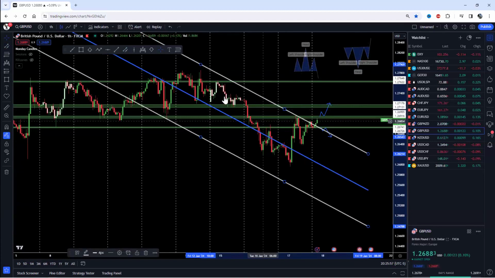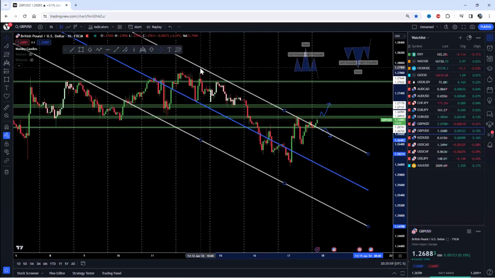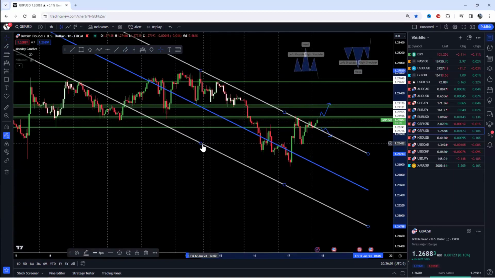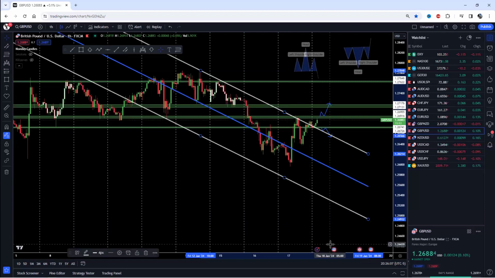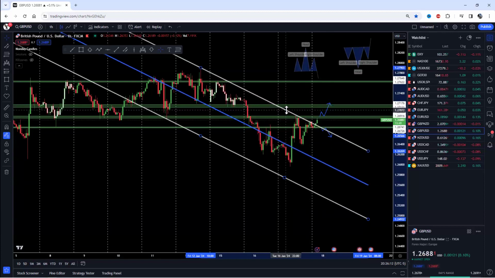I like the market better right there. Move this up. I like the market better from this point.